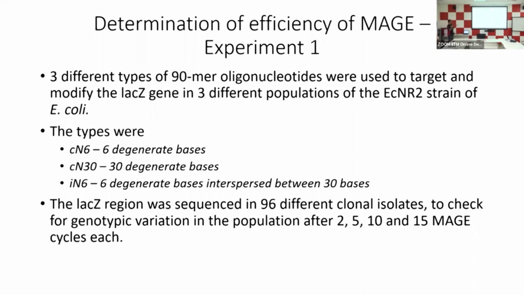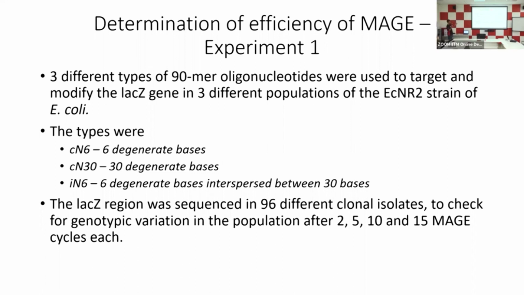The three types of oligonucleotides used were CN6, which means consecutive N6 bases. N, like I said, can be any of the four bases. CN30 means consecutive N30, so 30 degenerate bases, while CN6 is 6 degenerate bases. And IN6 is interspersed N6, which means 6 degenerate bases interspersed between 30 general bases.